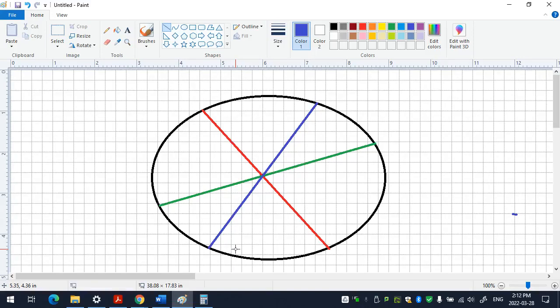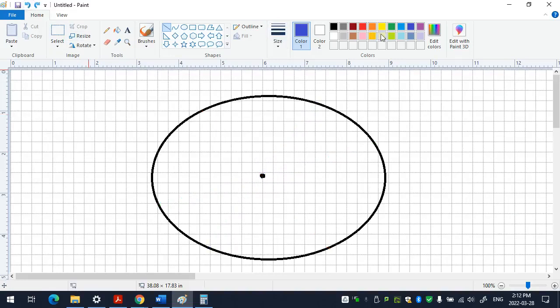A diameter of a circle is the line that goes from one side to the other side, but it has to pass through the center. A very big mistake is people think this is a diameter. Is this a diameter? No.